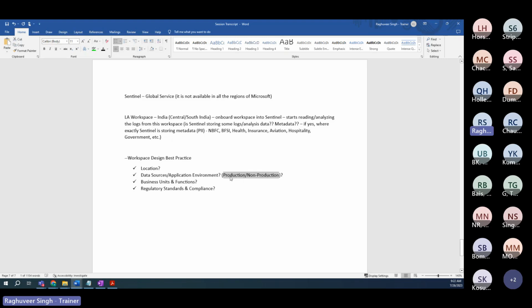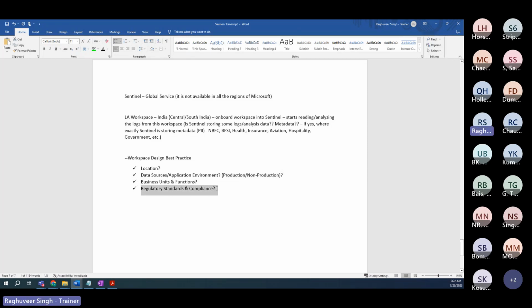So this is another design consideration that you need to take: if you want to design your workspace, or your Sentinel service, based on this, do you want to create workspaces to bifurcate production logs and non-production logs, or do you want to create a common workspace which will contain both production and non-production logs? This is another design consideration.